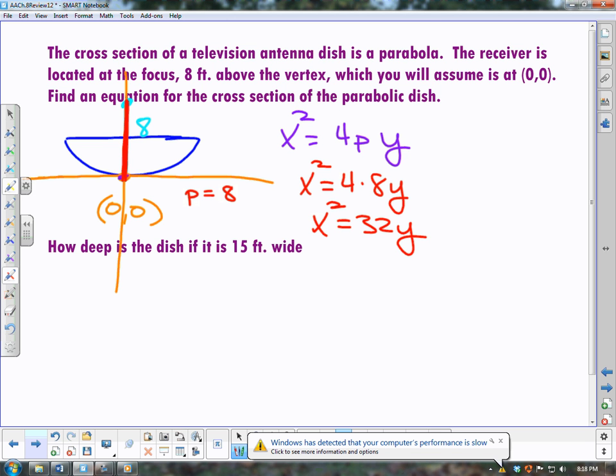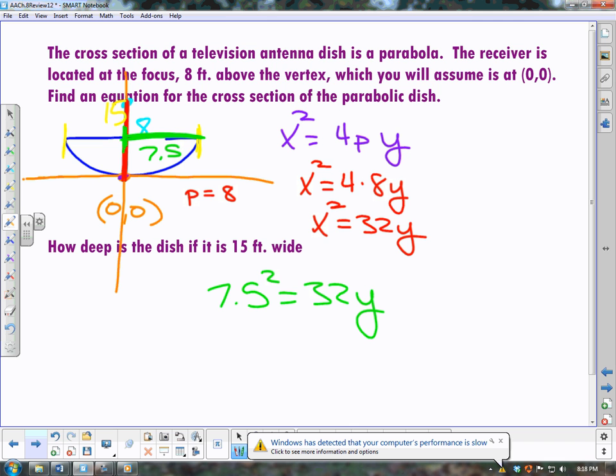Finally then, how deep is the dish if it is 15 feet wide? Well, that means from here to there it is 15. Then this point right here is in the middle, making that only 7.5. And so our x value is 7.5 squared equals 32y.